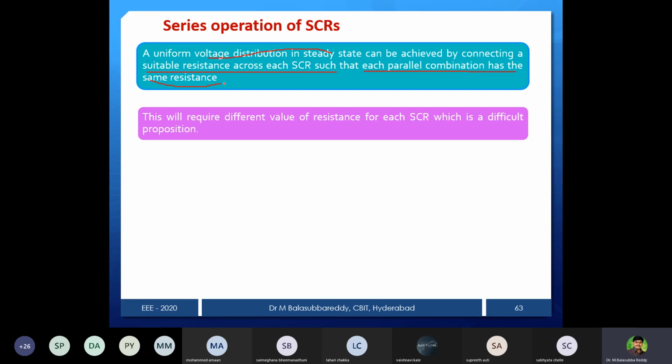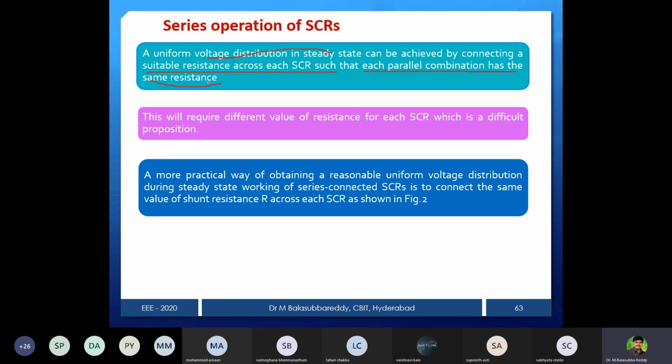This would require a different resistance value for each SCR, which is a difficult proposition. The leakage resistance of SCR1 is different from that of SCR2. That's why we make the paralleled resistance the same. Calculating it for each SCR is a difficult task. So, in a practical way, we obtain a reasonably uniform voltage distribution under steady state condition.